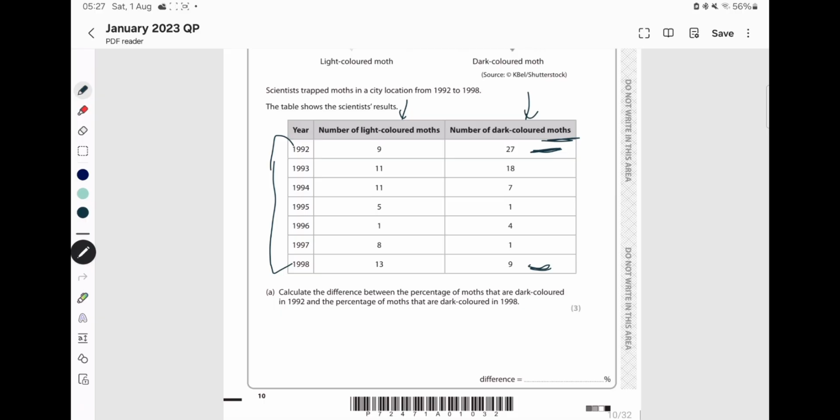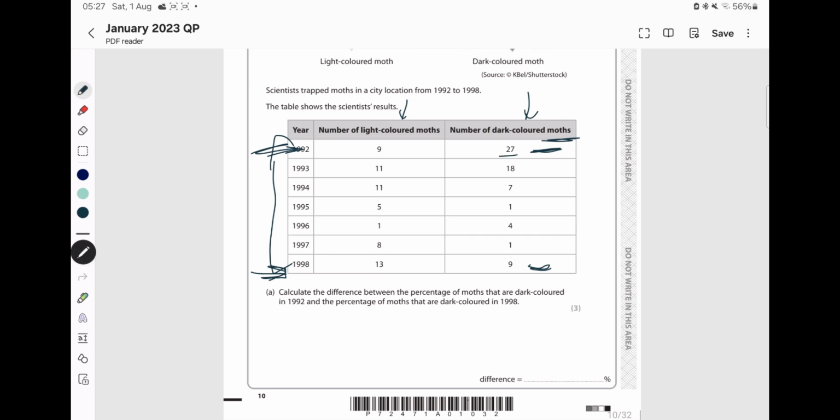Okay, so we're going to calculate that by getting the percentage for the moths in 1992. We want to know the percentage of the dark-colored moths in 1992 and the percentage of the dark-colored moths in 1998. First of all, you're going to pull up a calculator. Please don't use your brain for this.